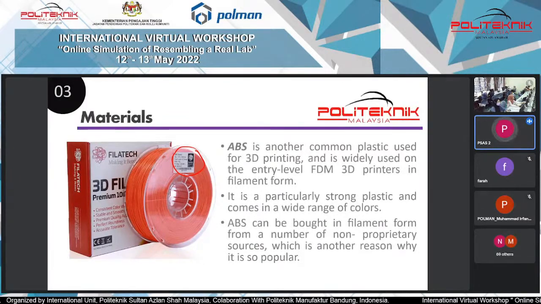And then ABS is the common plastic used for 3D printing, and it is widely used for entry-level FDM 3D printers. So if you buy something from an online platform, most likely ABS is the material that can be used for printing your parts or geometry.